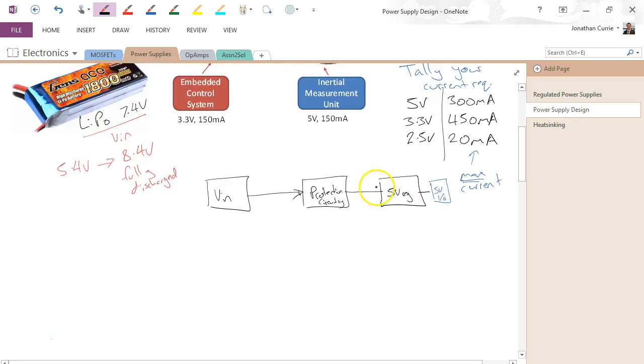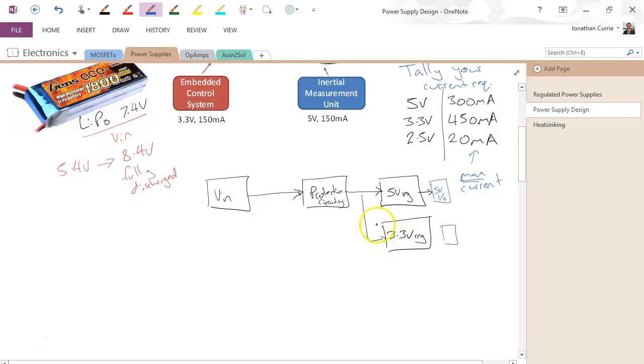Now the choice you have now is whether or not you decide to then, for example, take our 3.3 volt regulator and connect that effectively in parallel. Now if we do that, the advantage is that this regulator doesn't have to supply any current to any of the lower voltage loads. So this guy only has to be designed for, in this case, 300 milliamps or so.